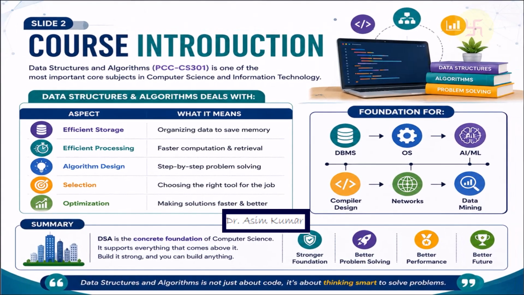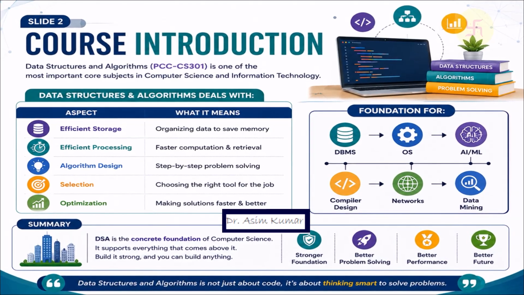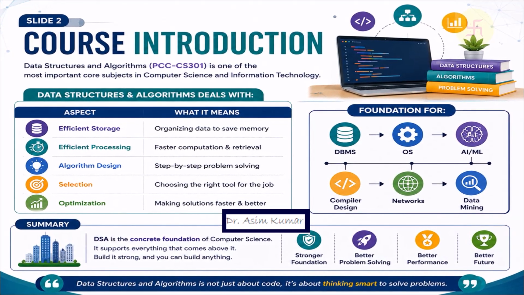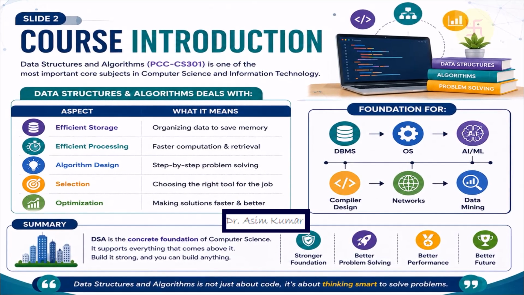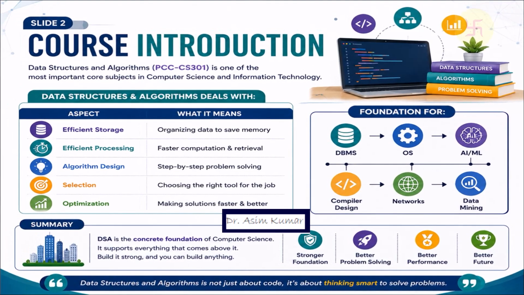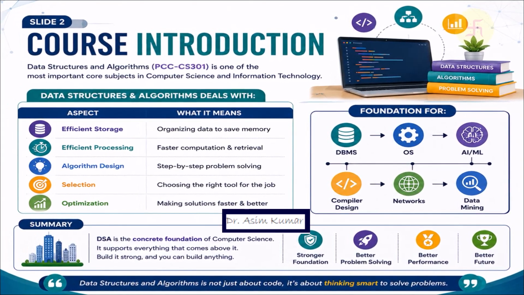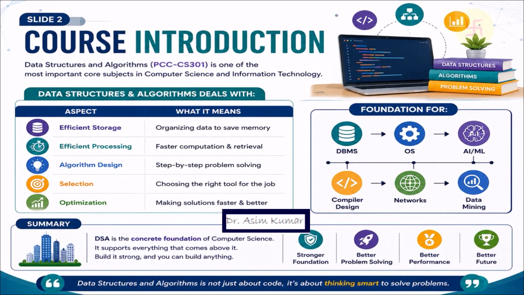So remember this, DSA is not just about writing code, it is about thinking smart and solving problems better. With a strong DSA foundation, you can build much more on top of it. Now let's see what exciting things we are going to learn in this course.